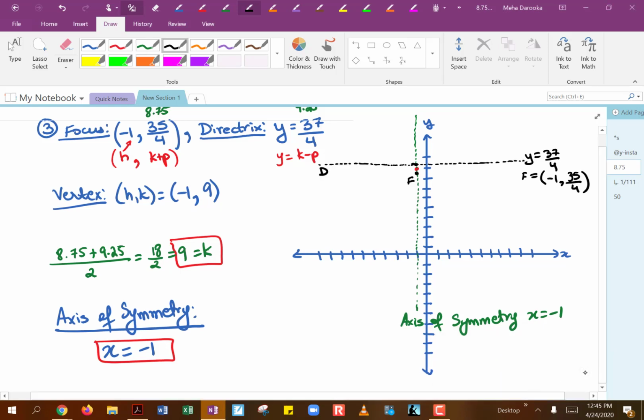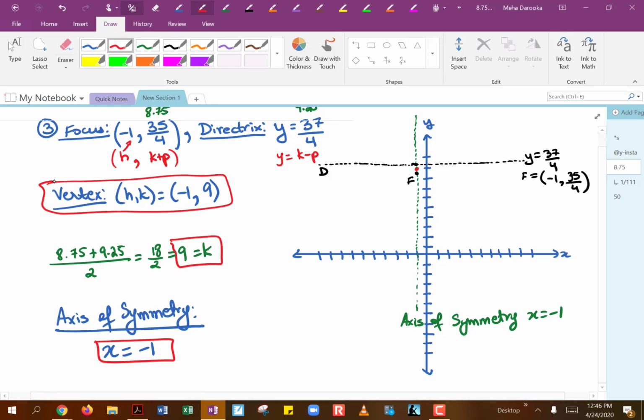Alrighty, now let's see how we can go about finding our x and y intercepts. Now for the x and y intercepts, we are of course going to need our equation. So we already have our h and k values because we can get that from the vertex of our parabola here, and we already calculated that.